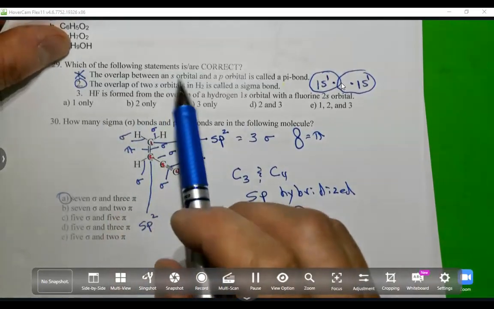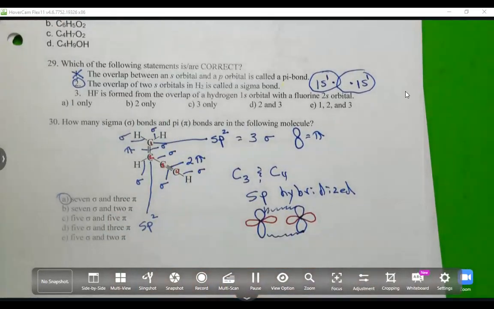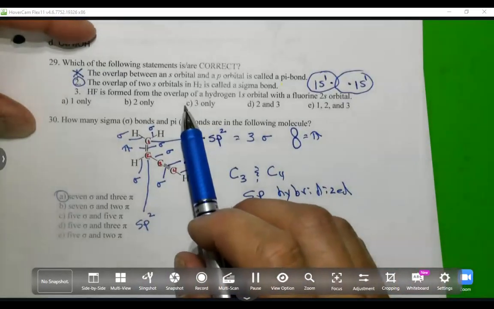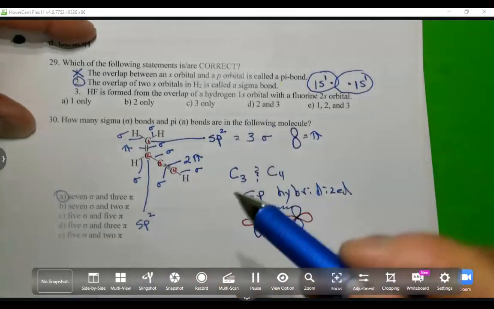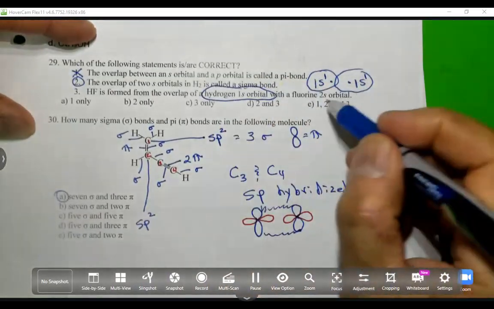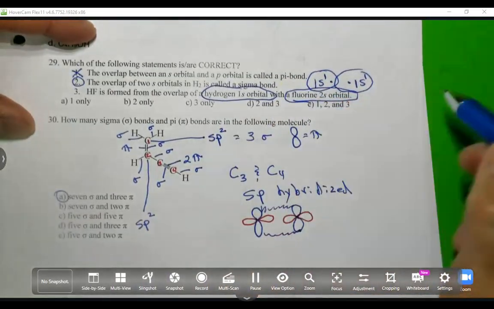HF is formed from the overlap of a hydrogen 1s orbital, that would work, with a fluorine 2s.